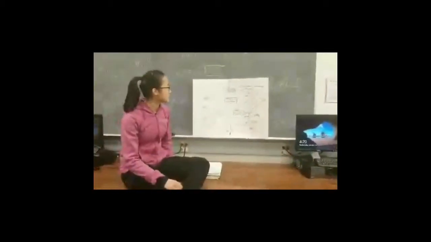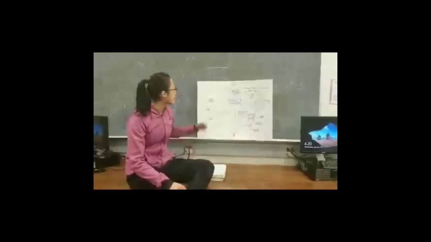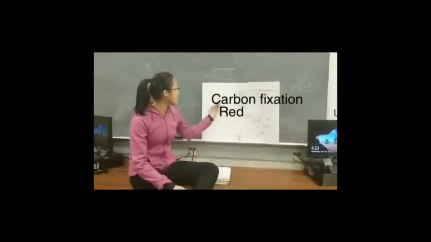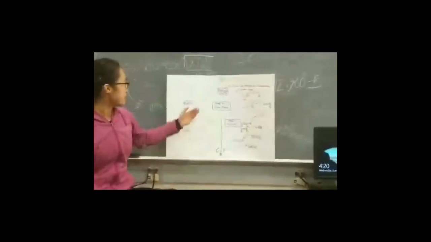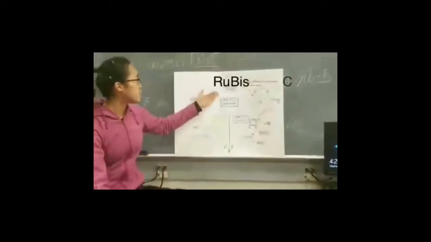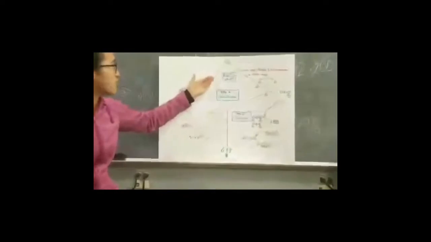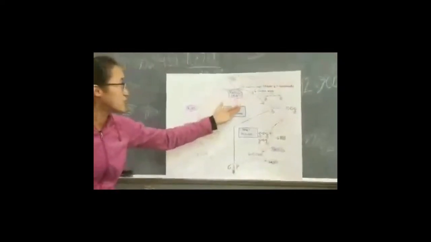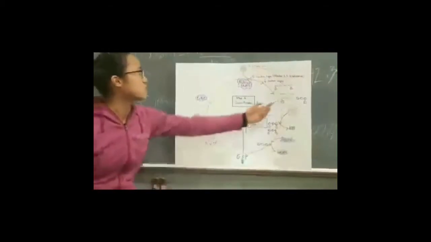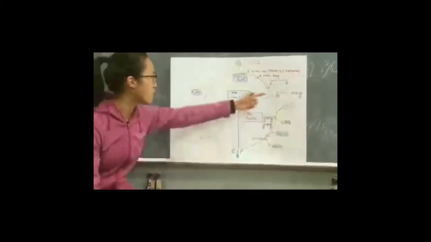Well, the Calvin cycle is made up of 3 parts: carbon fixation, reduction, and regeneration of ADP. The first step is an enzyme, Rubisco, takes a molecule of CO2 and attaches it to a 5-carbon sugar molecule, which creates a 6-carbon sugar molecule. And then this 6-carbon sugar molecule is so unstable that it just breaks apart into 2 molecules, each having 3 carbon molecules.